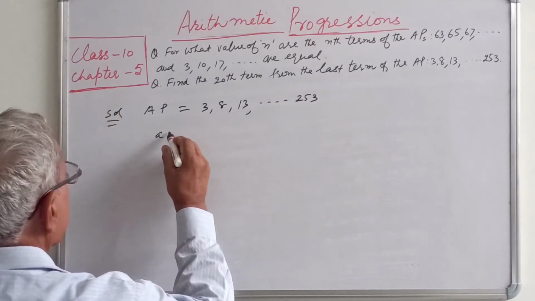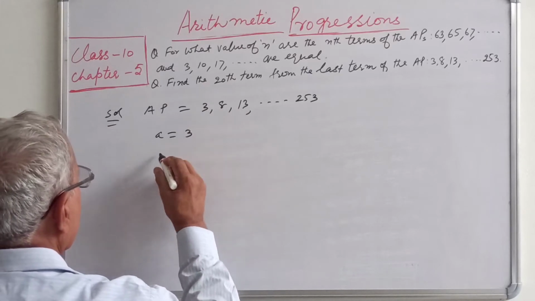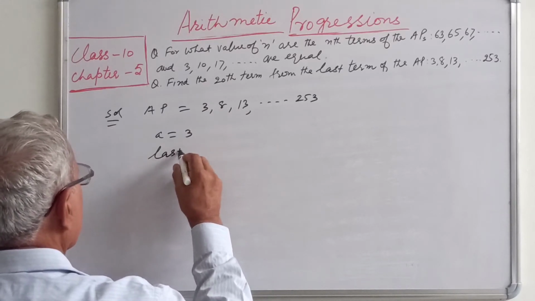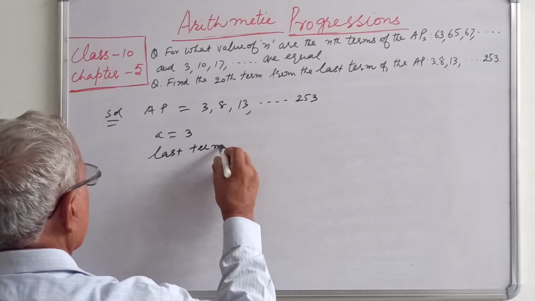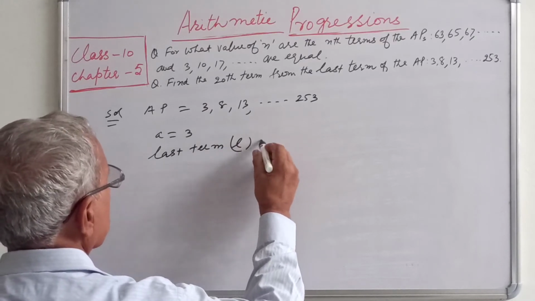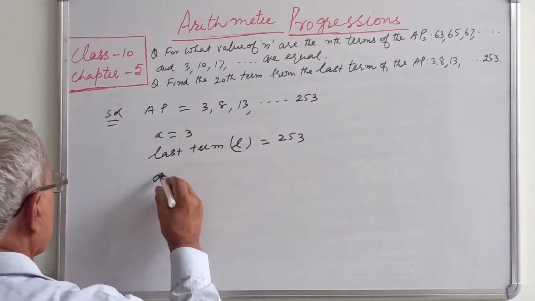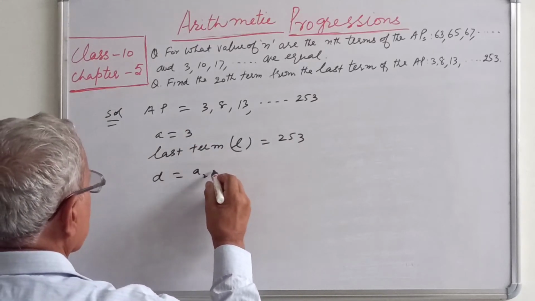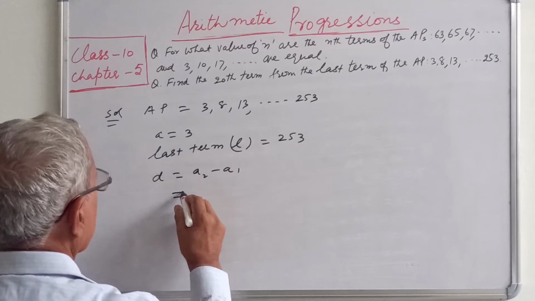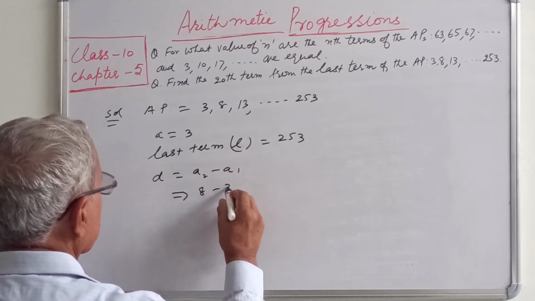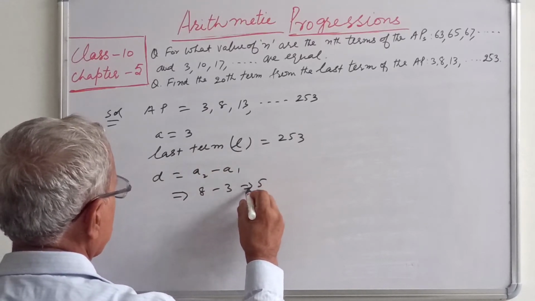So A, the first term, is 3 and the last term L is 253. So D will be A2 minus A1, 8 minus 3, that is equal to 5.